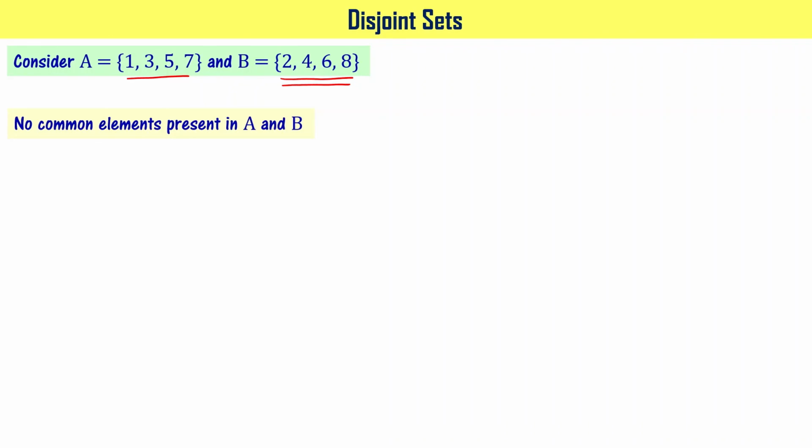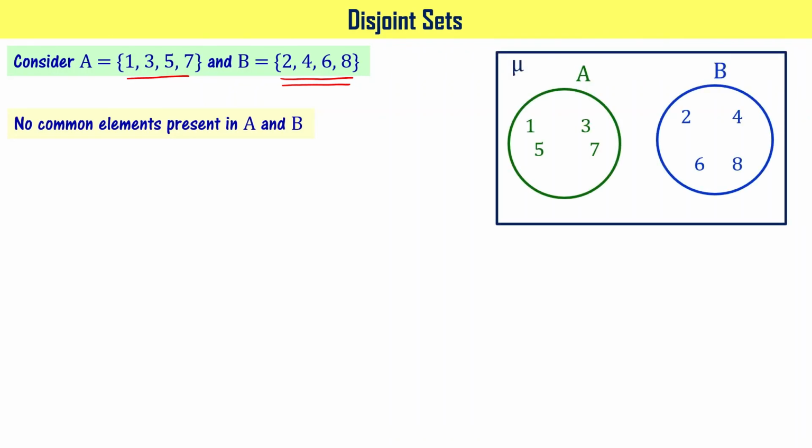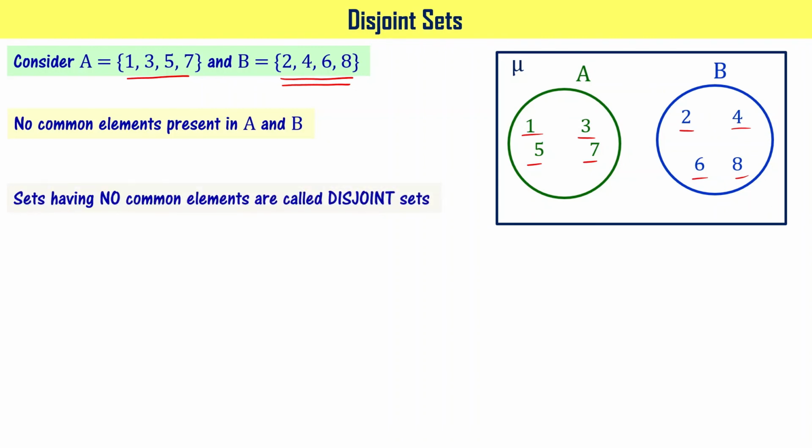When you represent this in pictorial form, you get a Venn diagram like this. Set A has elements 1, 3, 5 and 7, all odd numbers. And set B has elements 2, 4, 6, 8, all even numbers, right? There is no common element present in sets A and B. The sets having no common elements are called disjoint sets.